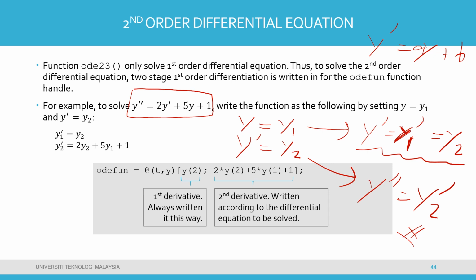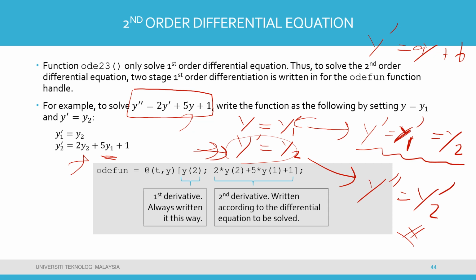Check back, y bar is actually y2, so this one is y2 plus 5y, where y is basically y1, and then plus 1. That is how you reduce a second order differential equation into something like first order derivatives.